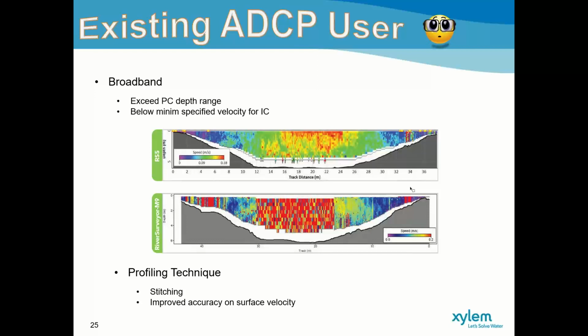This is also a fantastic way of applying this instrument where surface water techniques are being investigated or applied, such as radar and STIV, where you can use this device to get a very accurate surface velocity to compare with different techniques.